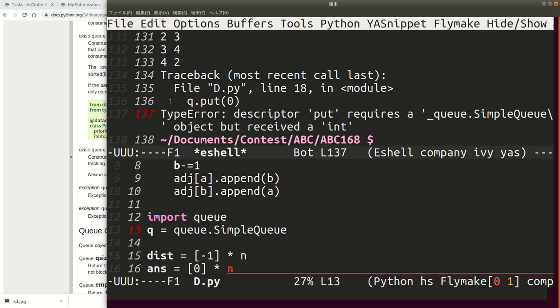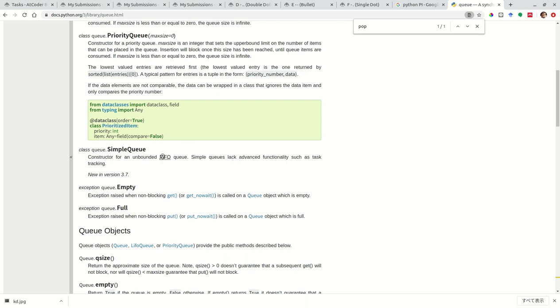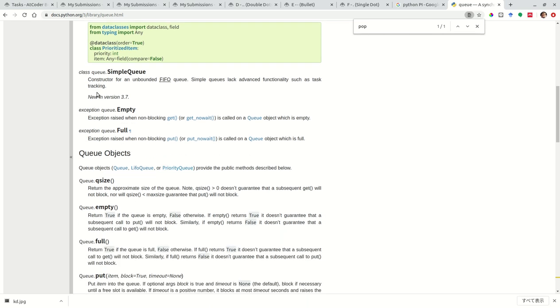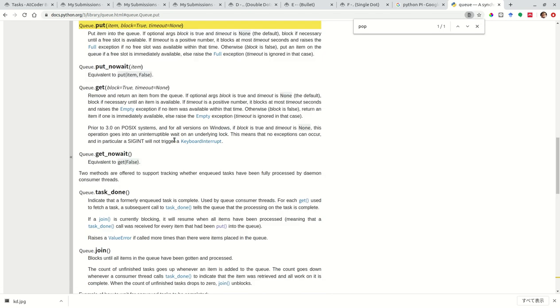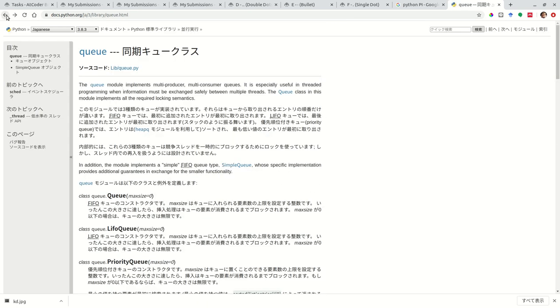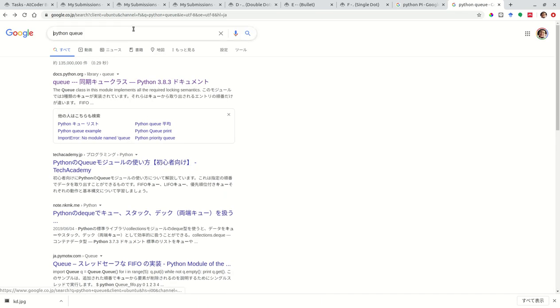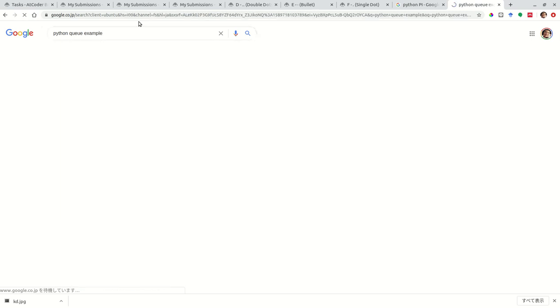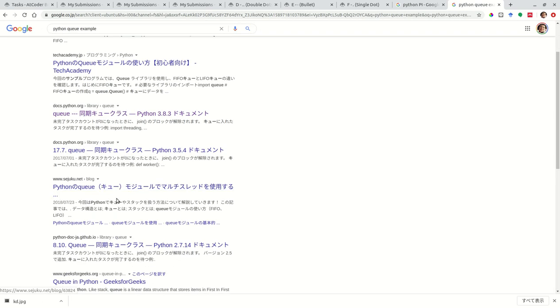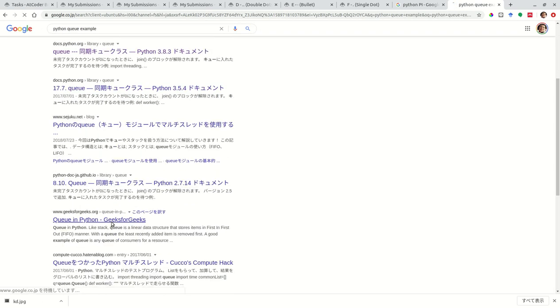Oh, I don't know how to use this. Is there any example? There are many Japanese articles.